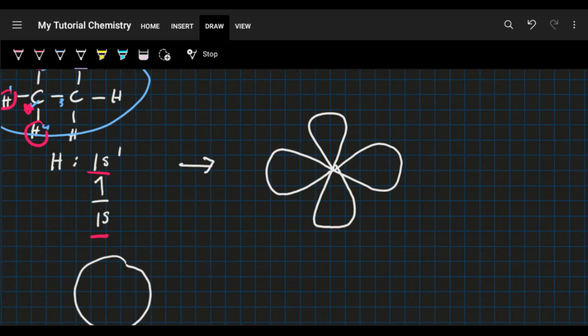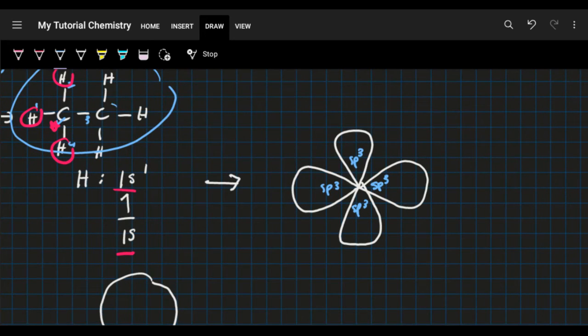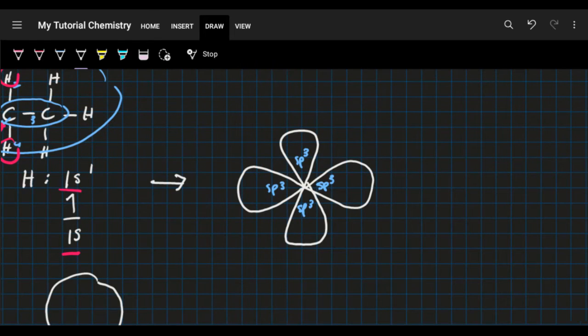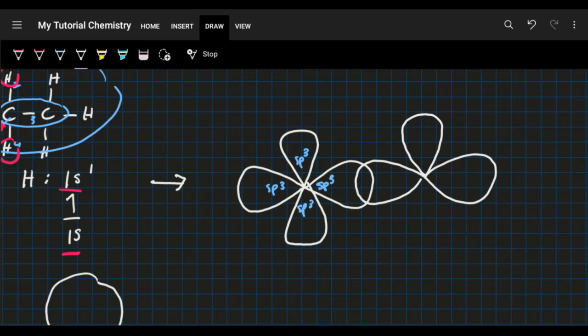Let's write down the orbitals. Note that these are sp3, sp3, sp3, and if we refer to the structure, carbon overlaps with carbon. So first, make sure carbon overlaps with an orbital of another carbon.